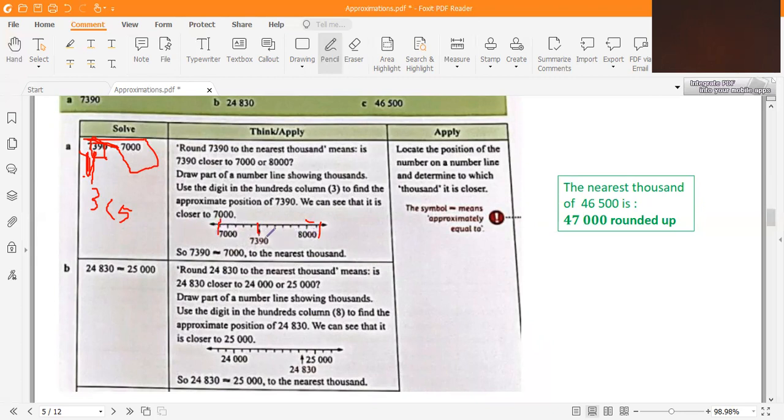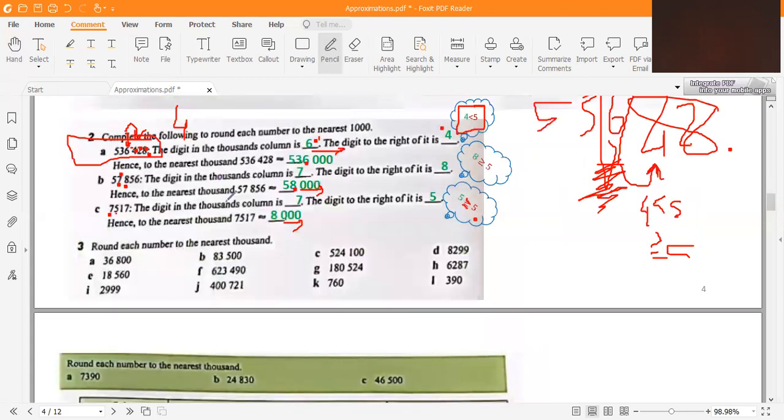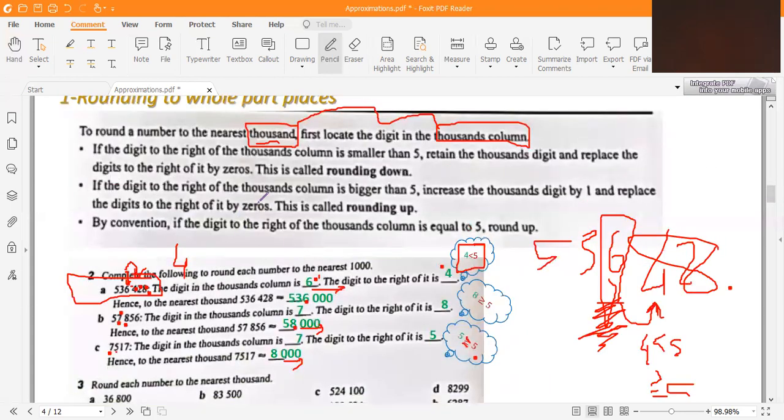The nearest thousand is 7,000, because the distance to 7,000 is smaller than the distance between 7,390 and 8,000.